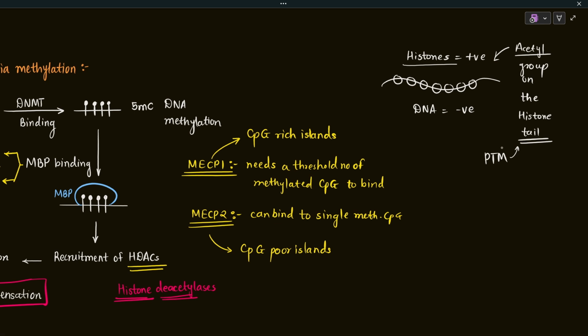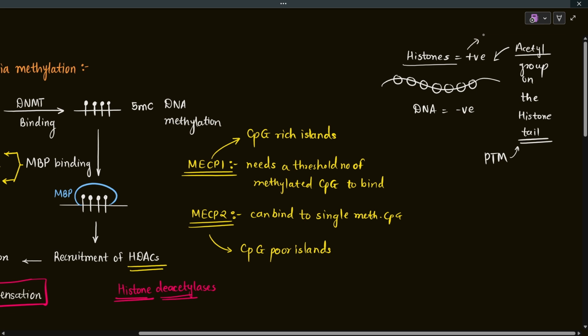Whenever there is addition of acetyl group on the histone tail, we call that modification histone acetylation. Due to addition of acetyl group, the positive charge is neutralized. Due to neutralization of the charge, if there is no positive charge on histone, the DNA-histone interaction will become weak.